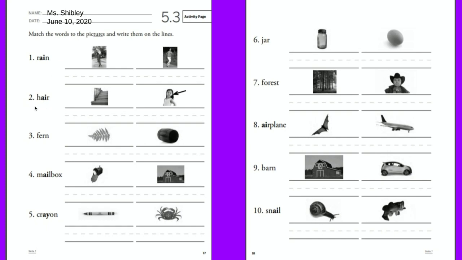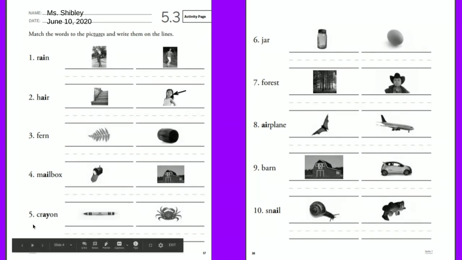Number 2, hair. Number 3, fern. Number 4, mailbox. Number 5, crayon. Number 6, jar.